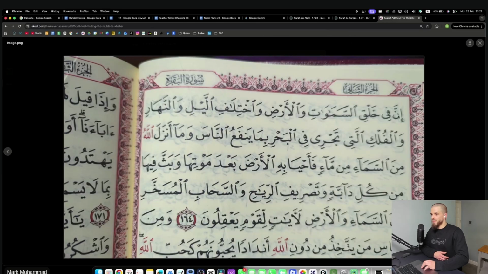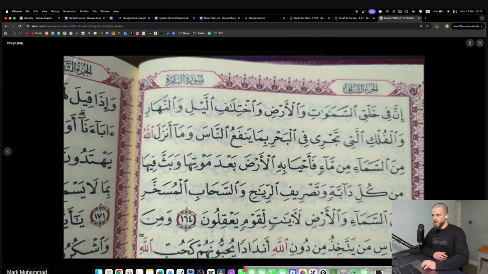Here you have inna. Normally after inna you think of the mubtada, but you see how long this verse is. Sometimes the mubtada and the khabar are not easy to find. From what I remember, the mubtada and the khabar are switched around.